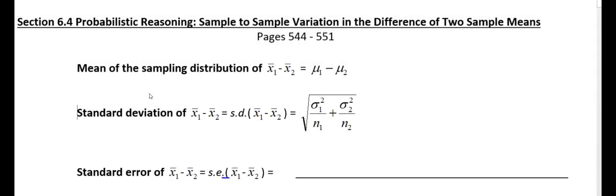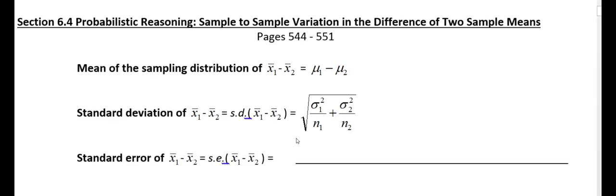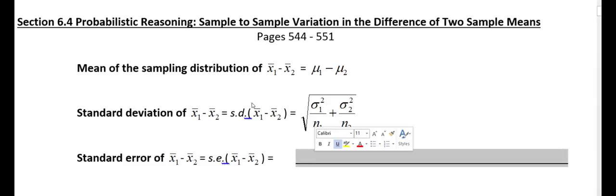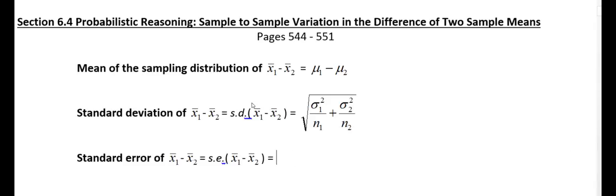Now remember, we've talked about in the past how we will not have information on sigma, because to have sigma you would have to know the whole population, and so we will have to substitute sigma with s. That substitution will create a calculation called the standard error of the sampling distribution of x bar sub 1 minus x bar sub 2.